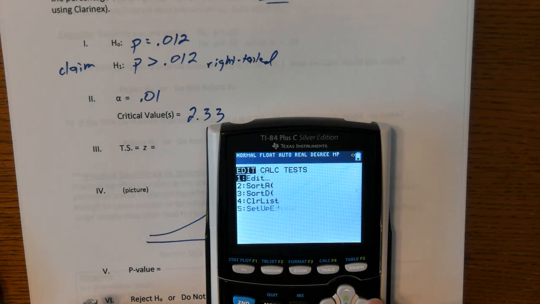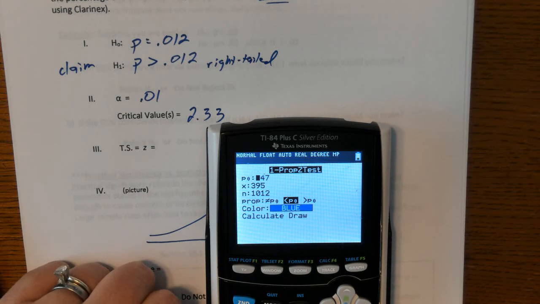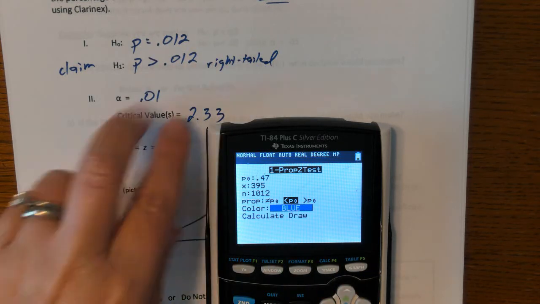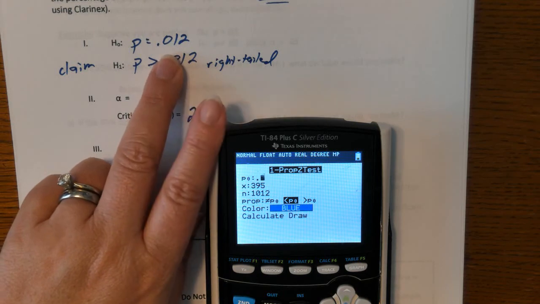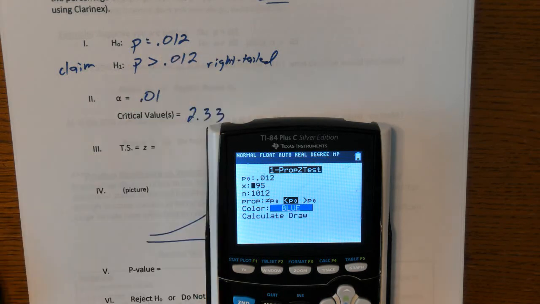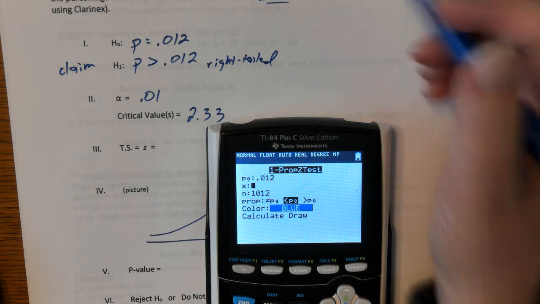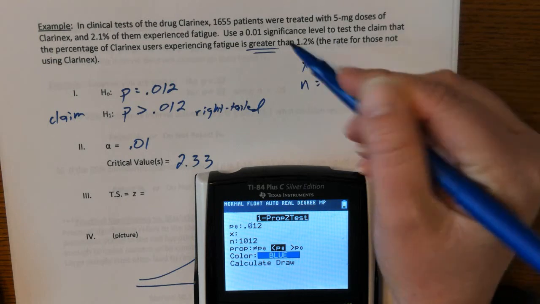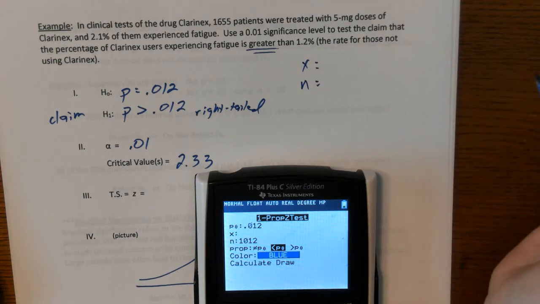So stat, test, option 5 for 1 prop Z test. Great. Our P naught, our proportion number in our null and alternative hypothesis is 0.012. And now we have an issue. It is asking us for the X and for the N. And if you read back through this prompt, they never tell us one of those numbers.